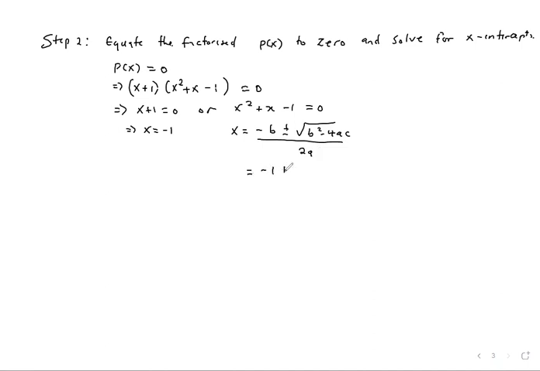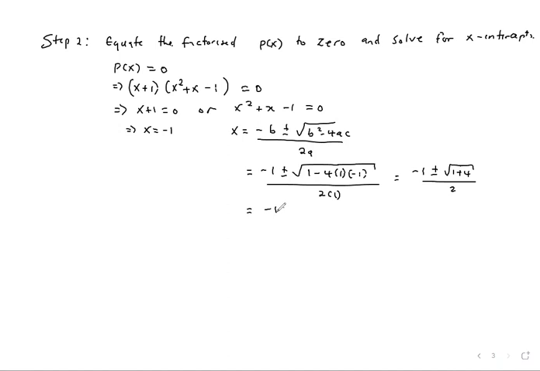Meaning -1 plus or minus 1 squared is just 1, minus 4, a is 1, c is -1, over 2 by 1, giving us -1 plus or minus root of 1 plus 4 over 2.